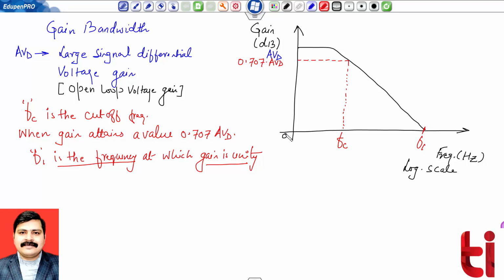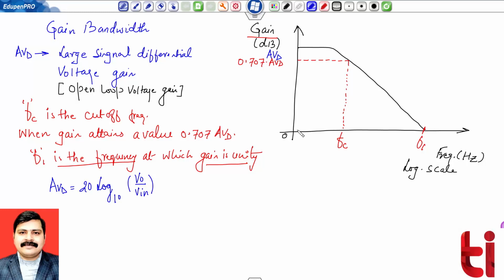In fact, you can see that on the vertical scale we have taken gain in decibel, and if you can recall, we discussed in the previous lecture that gain AVD is 20 log base 10 of output voltage upon input voltage.